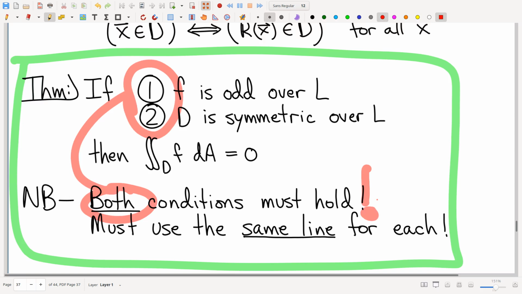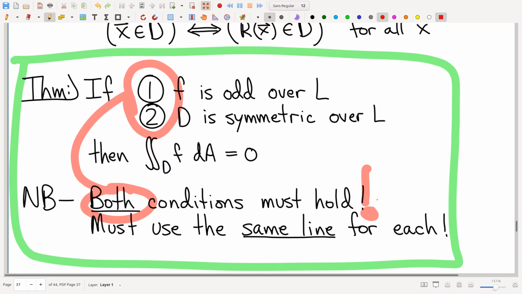Very often students will get over-enthusiastic about the use of the odd symmetry theorem, and they'll see a symmetric domain, and they'll see daylight at the end of the tunnel, and just run for that daylight, and forget that you have to check and make sure that the integrand is odd. It's only a valid argument if the integrand is odd also. So you've got to check both.